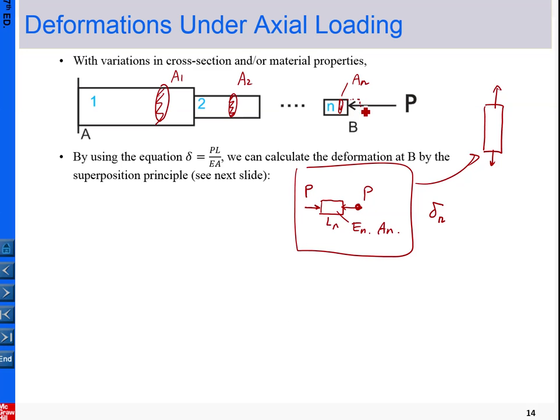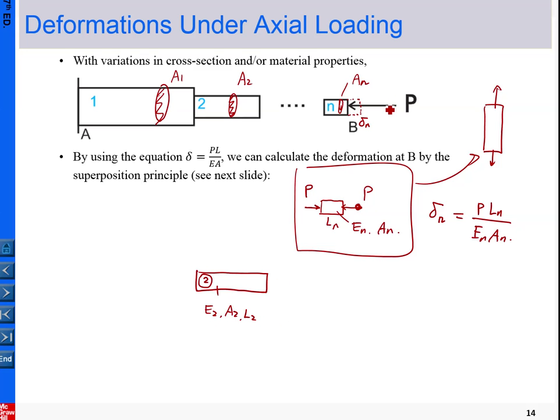So for this small piece, the deformation is delta N, that is P LN over E AN. Similarly, let me pick this one, 2. So 2 is here. This is the second piece, which has E2 and A2, the cross-sectional area, and length L2, for example.